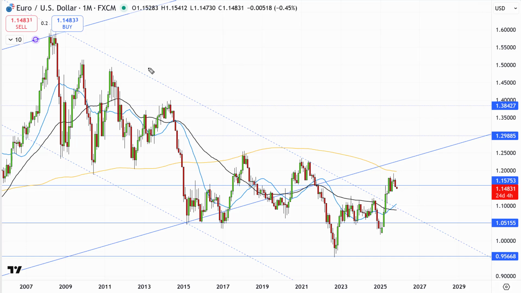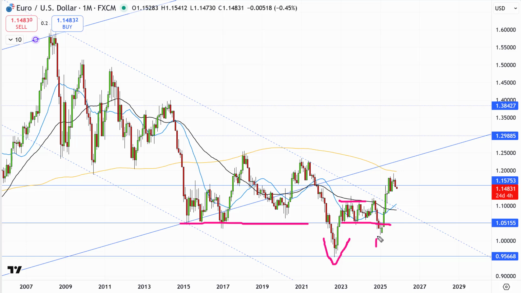We're lower than where we were back in 2008, of course, but actually, the breakdown that we had from the lows of 2015 to 17, we broke down here into 2022. Then we bounced, consolidated for 18 months, then had a false break here of that range to the downside.